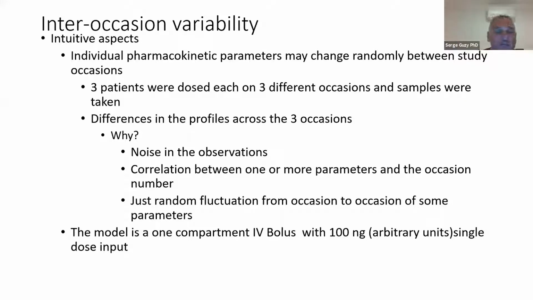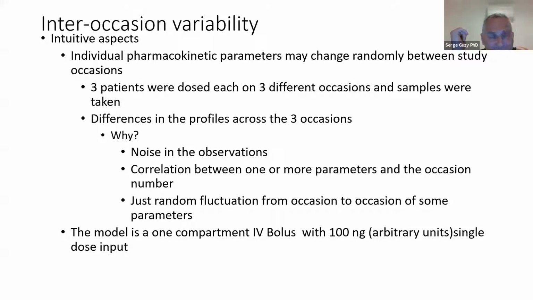Sometimes you repeat the blood sample collection 2 weeks later and then 4 weeks later. Every time that you have a new collection of samples, we can call this an occasion.